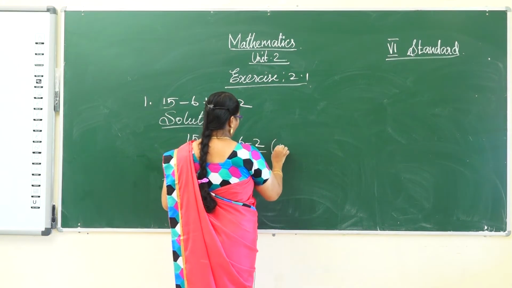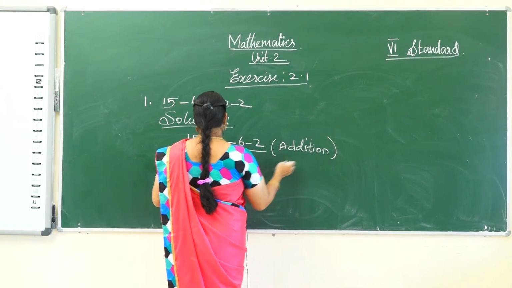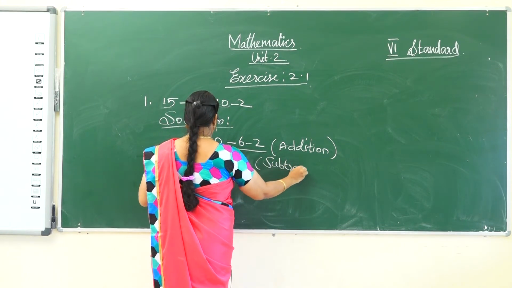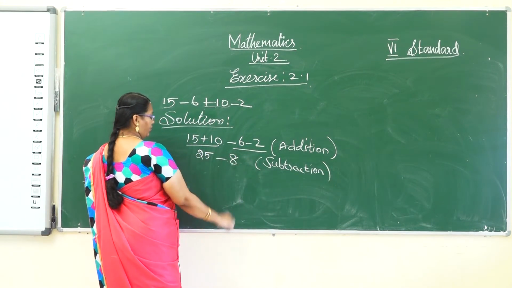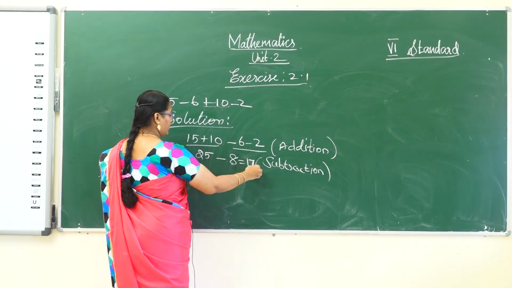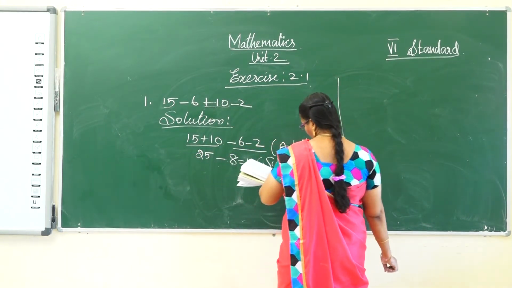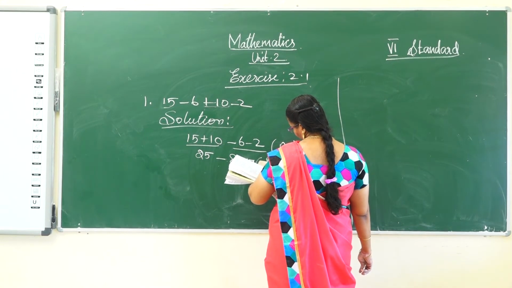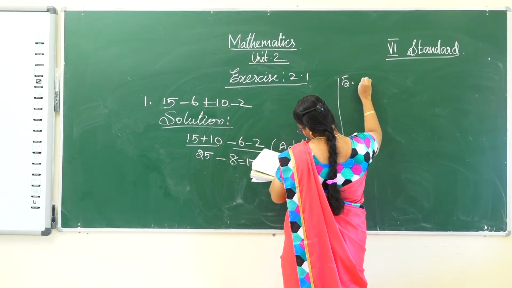Then 25 minus 8 is 17, subtraction. That is the first answer. I hope you all understand. The second, third and fourth problems are homework.